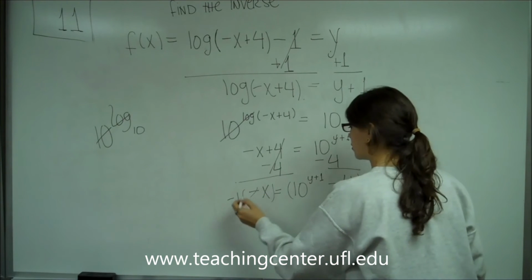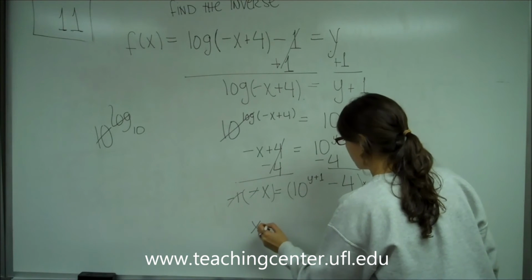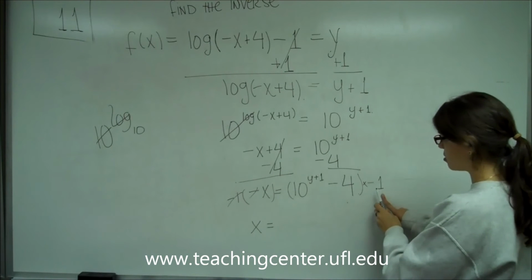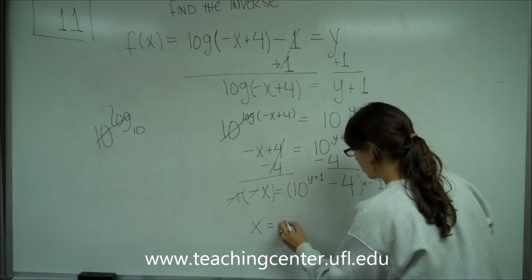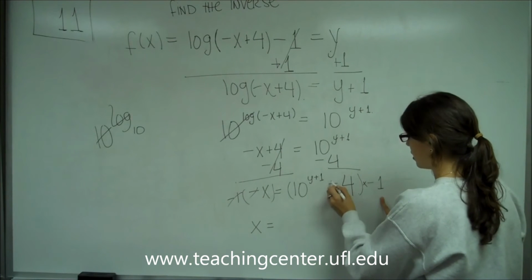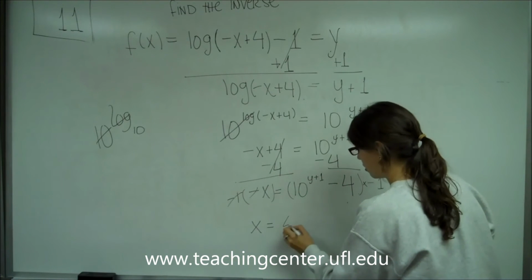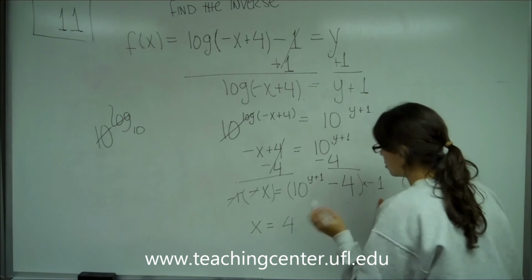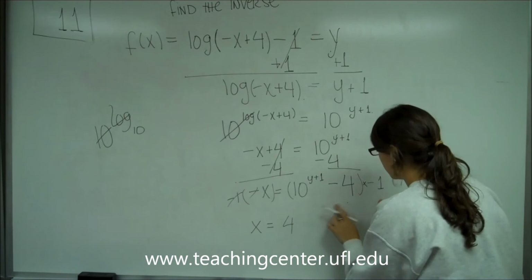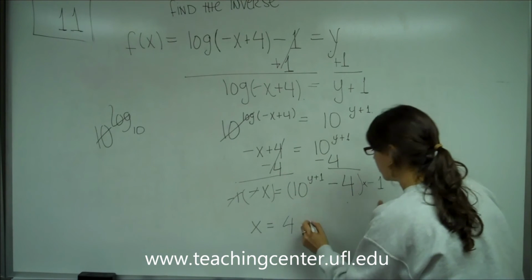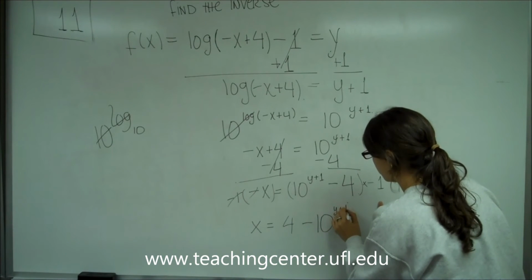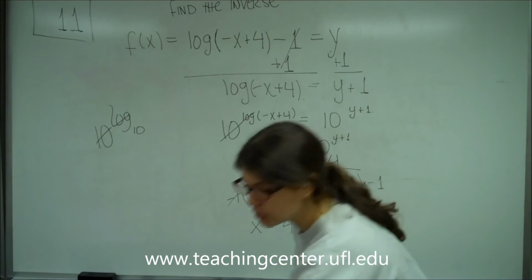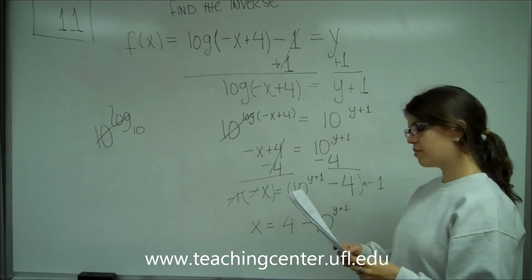So that I get x equals, so I'm going to go ahead and distribute this negative 1 to this one and to that one. So if I distribute it to the negative 4, it becomes positive 4. So I'm going to put the positive in the beginning just for the sake of it. It makes it look prettier. And then the negative 10 to the y plus 1.